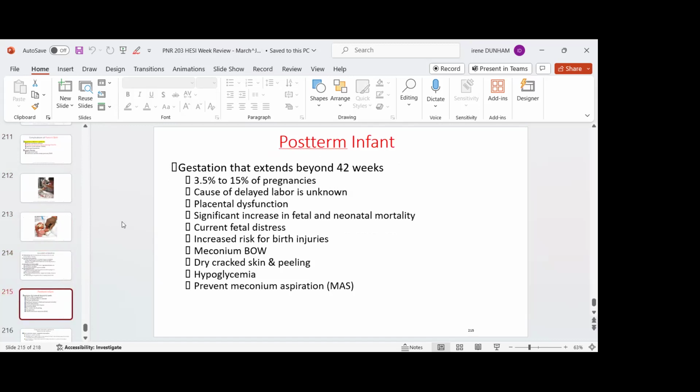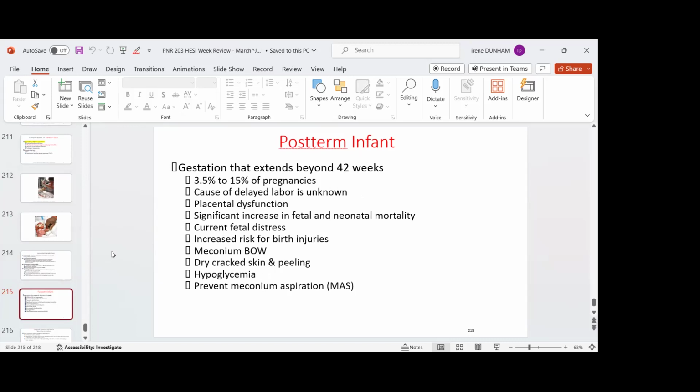Postterm just means that they've gone beyond 42 weeks. We talked about this already, but the main thing is to monitor these babies. A lot of times these babies are big babies. So if they're big babies, they have an increased risk for hypoglycemia.